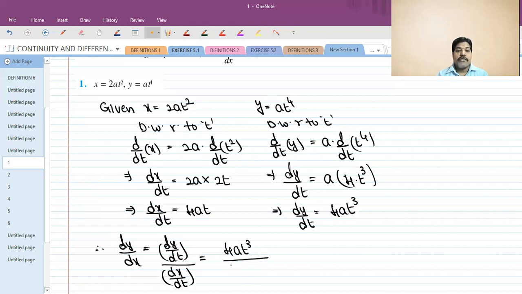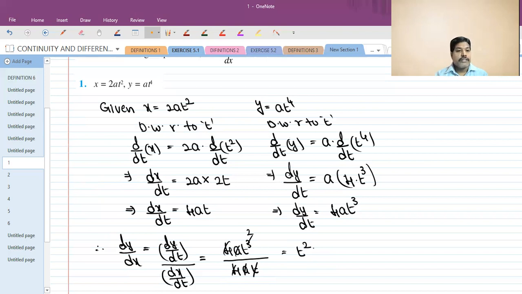What is the dx by dt value, students? 4a t. So 4a will be cancelled, and t cube divided by t becomes t square. The answer will become t square only.